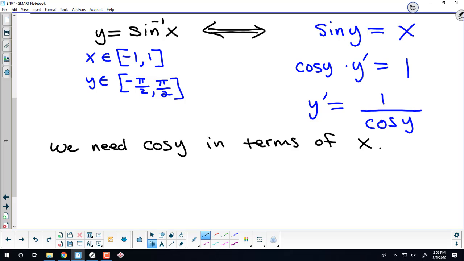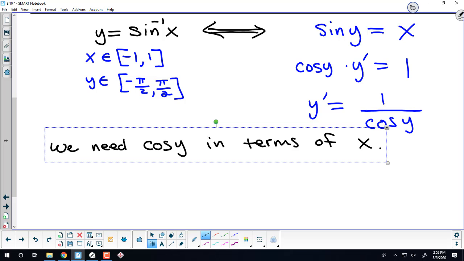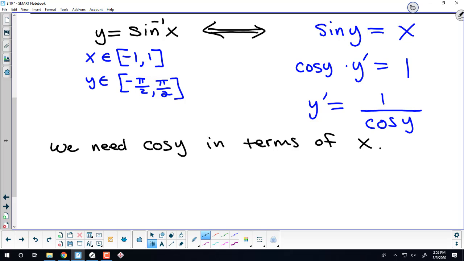At this point, it doesn't seem all that hopeful, because what we have in terms of x is the sine of y. So instead of cosine y, if we had some representation of sine y, then we could relate it back to x, because we have sine y related to x, not cosine y related to x.